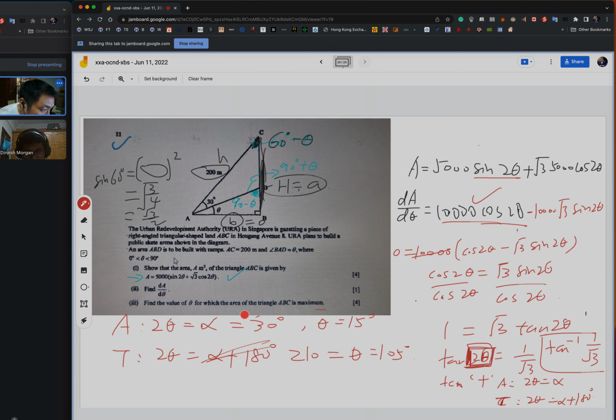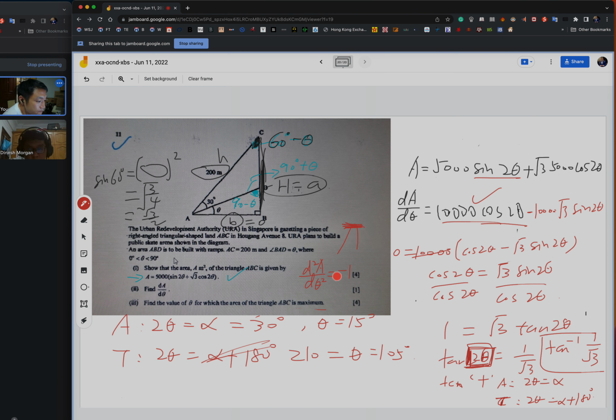Then find the value for which the area of the triangle is maximum, right? So you need to prove that it's going to be a maximum. How are you going to prove it's a maximum? Yes, you set the second derivative, and to prove it is maximum, the second derivative is going to give you a negative value or positive value. Negative is a frown face, right? So it's a maximum. You need to prove it's going to be a negative value.